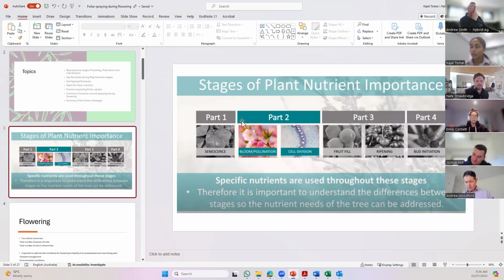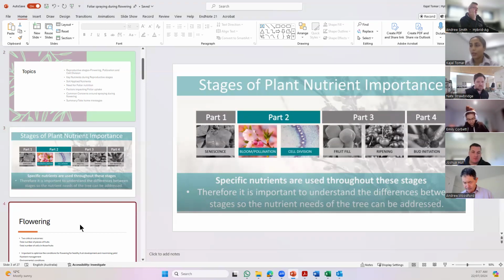It's very critical to understand the nutrient requirement of the plants during these stages. There are specific nutrients that are used throughout these stages, and we're going to talk a little bit more about what these stages consist of and what nutrients we require.